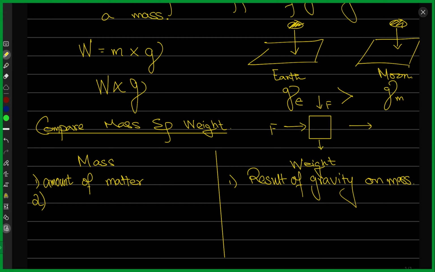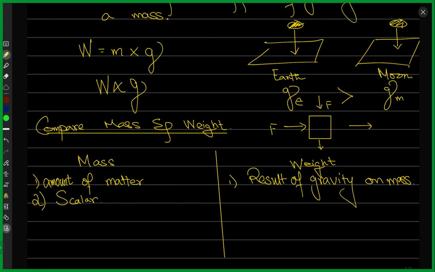Direction matters in a vector quantity. That's why mass would be a scalar, because there is no concept of direction in the amount of matter. It's just a number. It's just how much matter is there in this body, how many atoms are there.